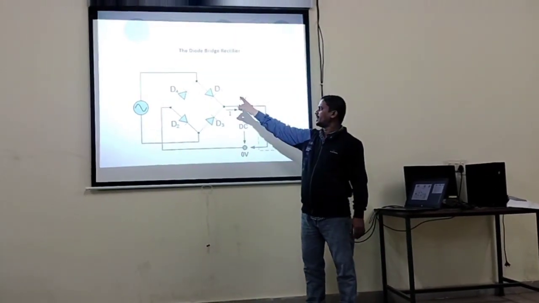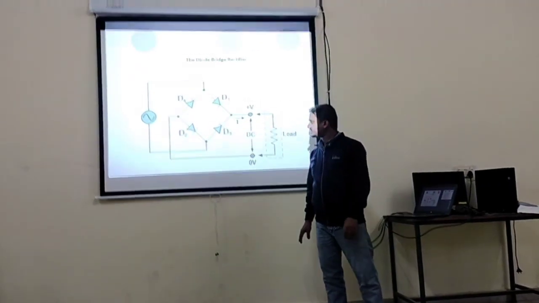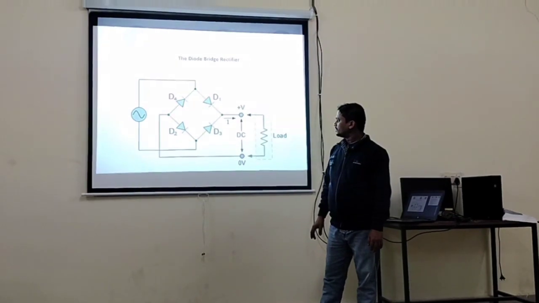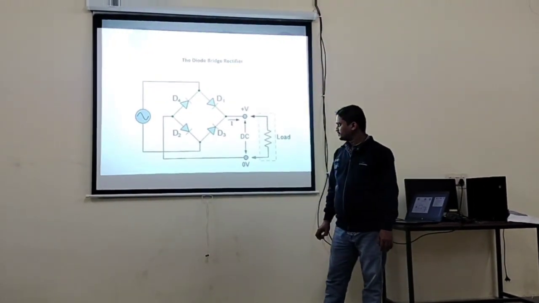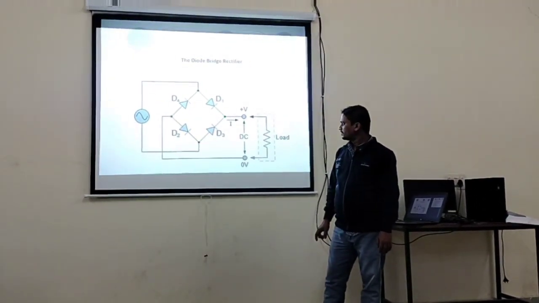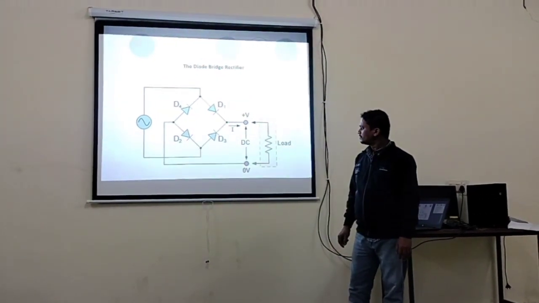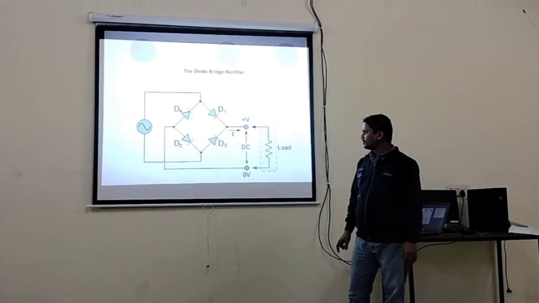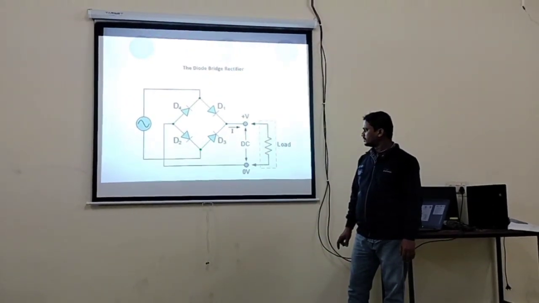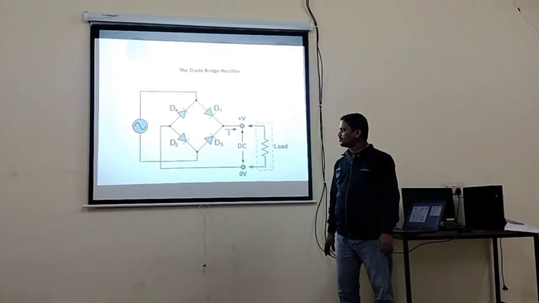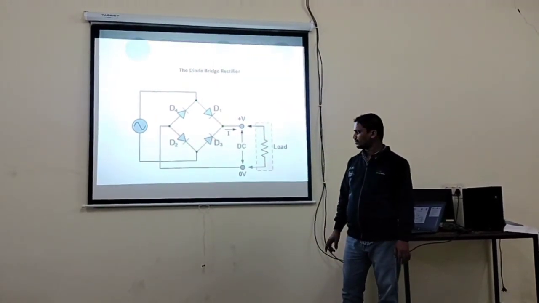The current starts flowing from D1 to the load, and after the load, the current goes through D3 and closes the circuit.